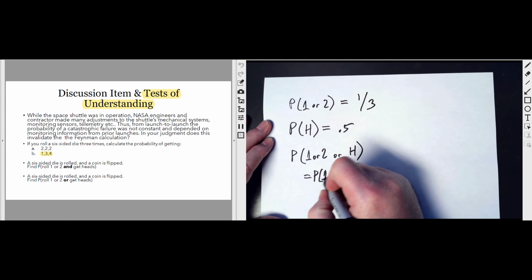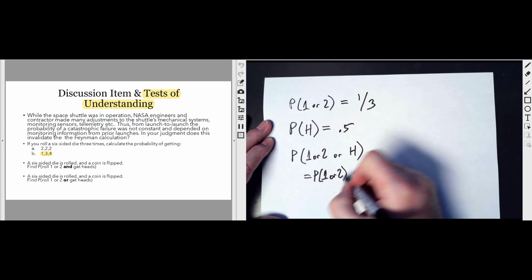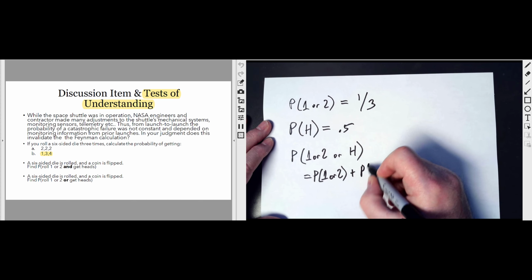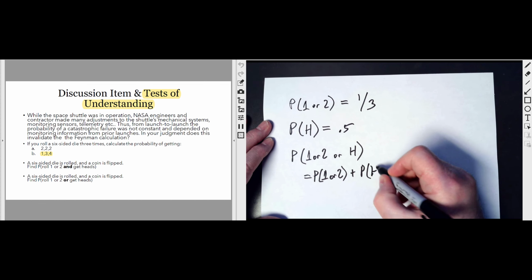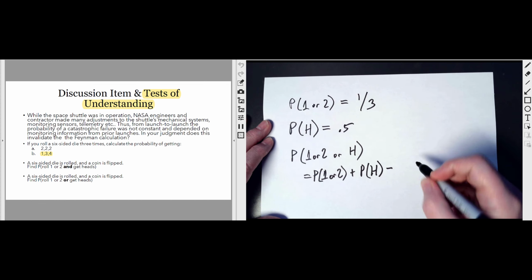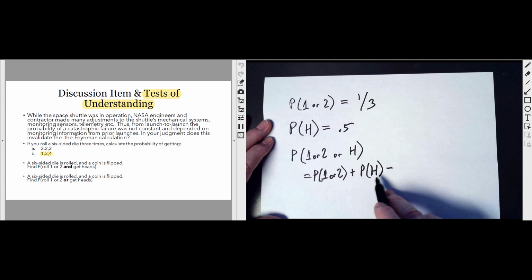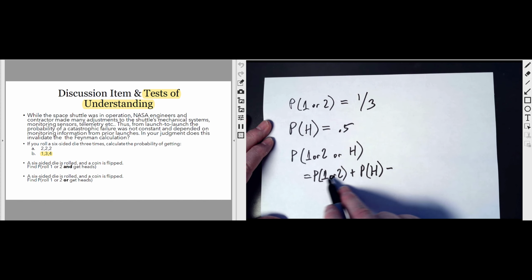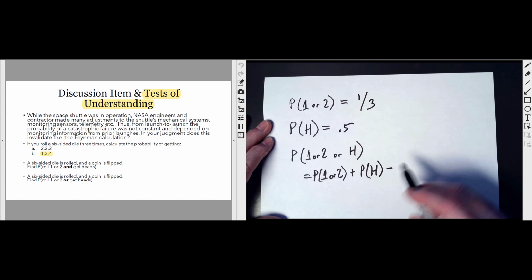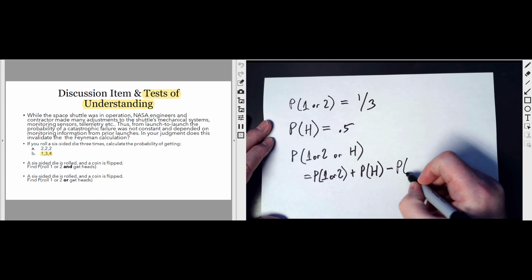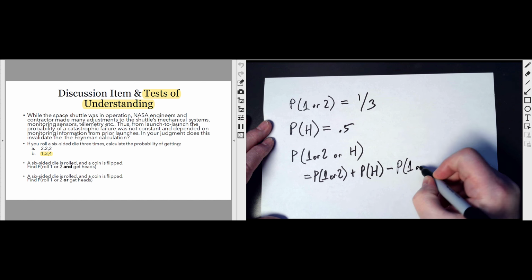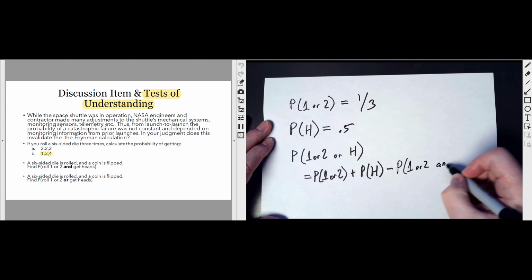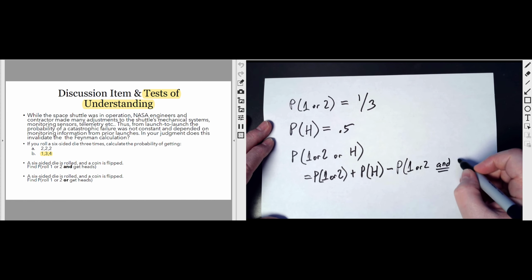Now, we know from our formula that the probability of 1 or 2 or heads is equal to the probability of 1 or 2 plus the probability of heads, minus the probability of both of those occurring, because we need to eliminate the double counting. So that's the probability of 1 or 2 and heads.